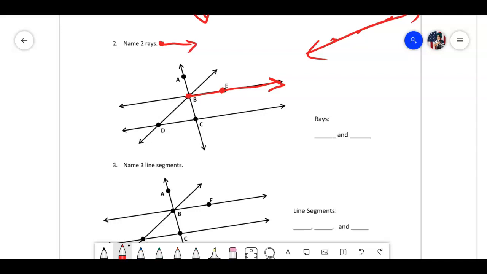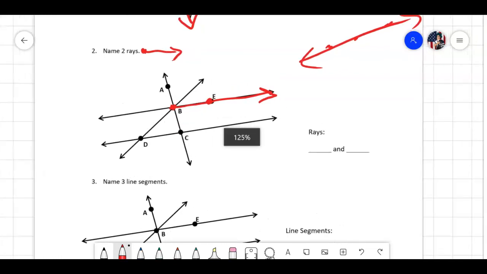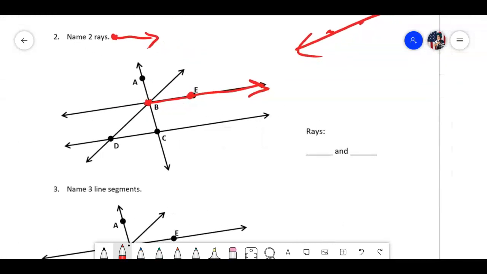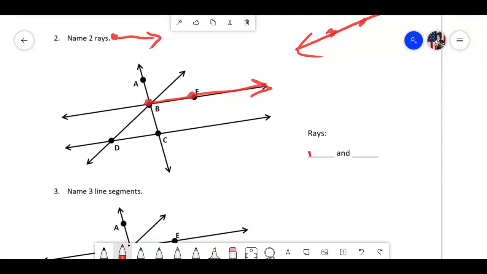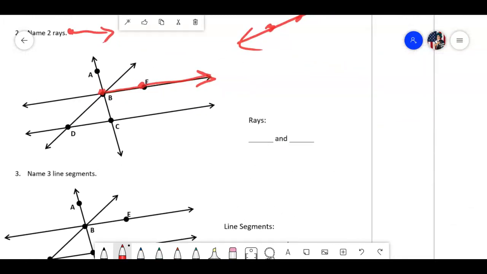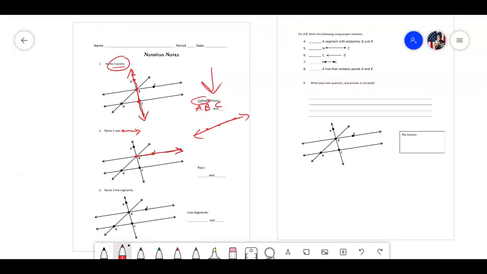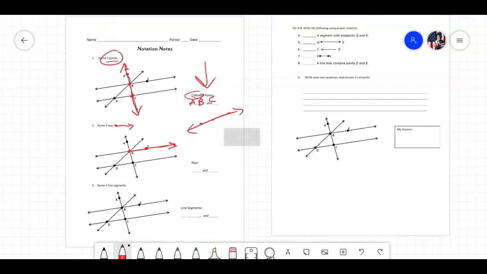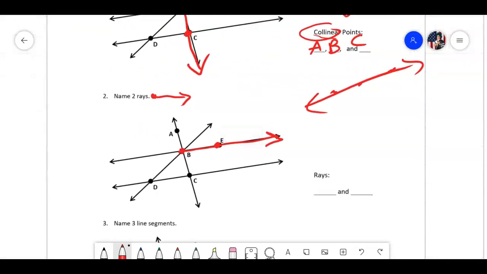So we got to write it. But first, let's write it down. So this first one that I put in red here, let's write B. One more time. B, E, and then what goes on top of it if it's a ray?